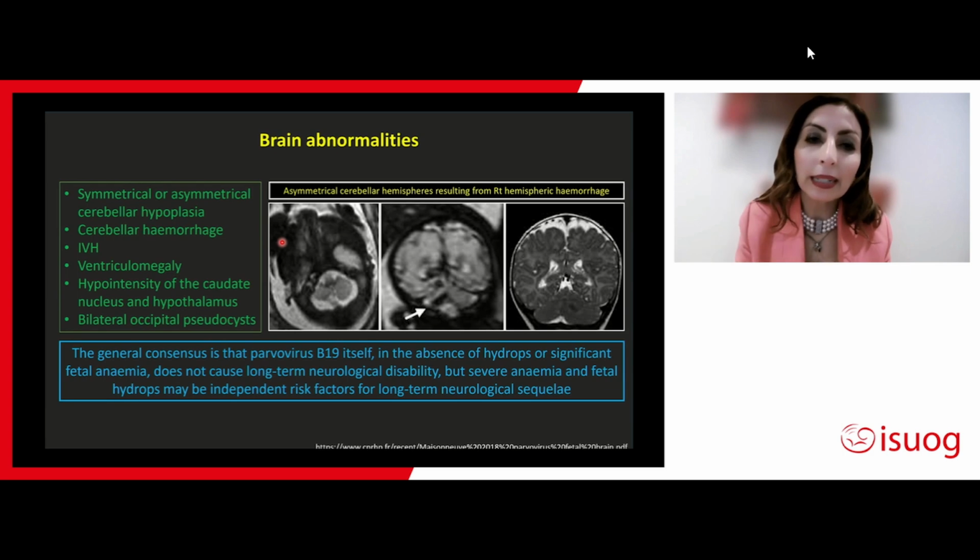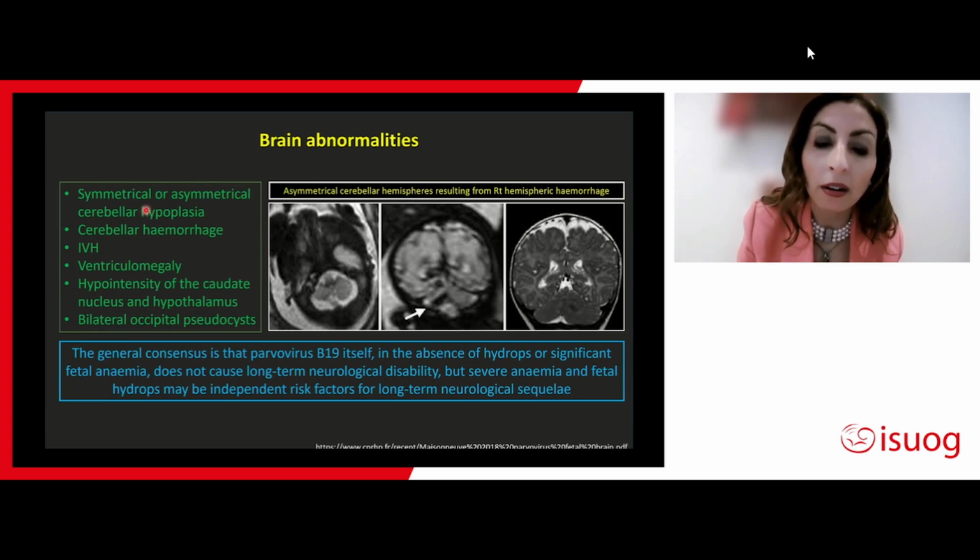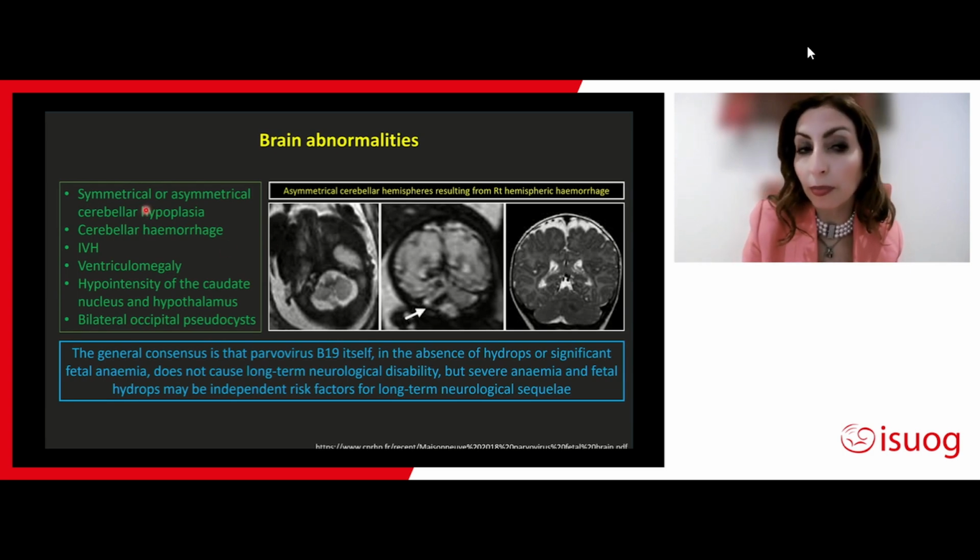If you look at the literature, yes, there are reports of brain abnormalities, often cerebral hemorrhage or cerebellar hypoplasia, which could be symmetrical or asymmetrical, some cases of intraventricular hemorrhage, maybe some cases of ventriculomegaly, or maybe subtle imaging changes that could result from bleeding in the brain.